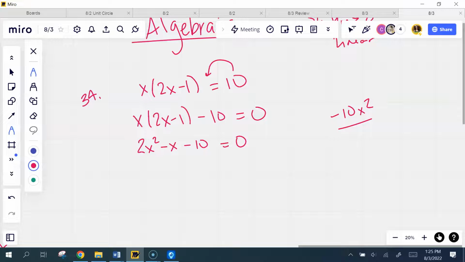What are the two factors? I heard negative 5 and 2, but that doesn't add to negative 1. It's got to multiply to negative 20, I'm sorry. Okay, go ahead, negative 5 and 4.